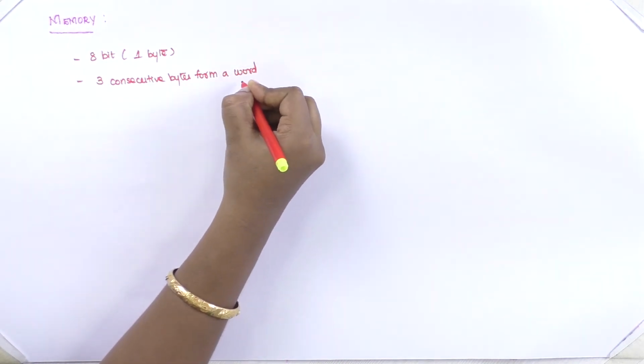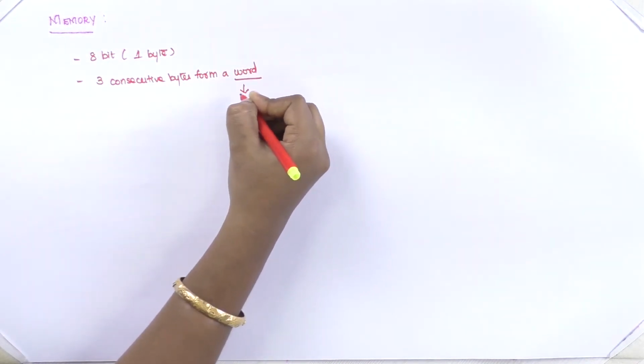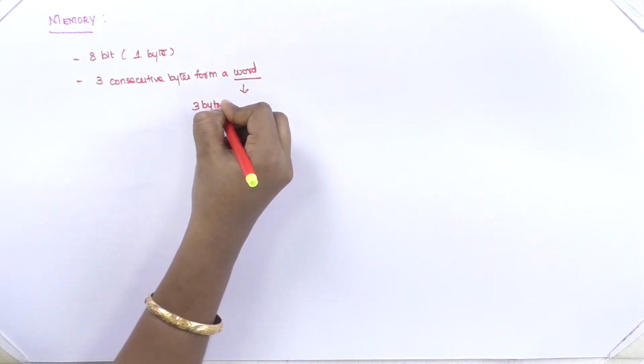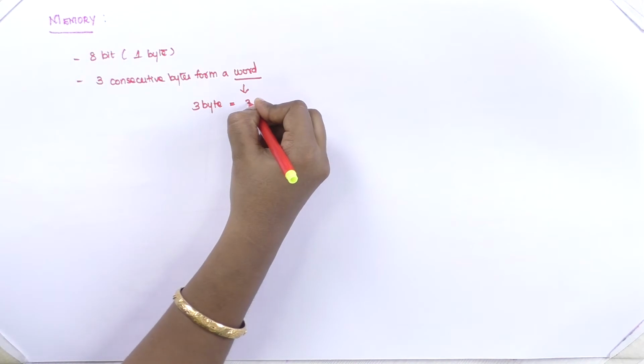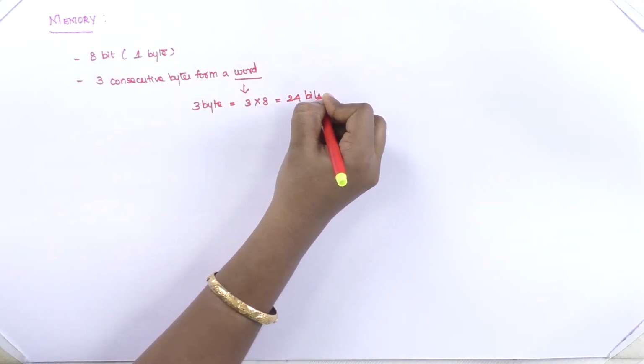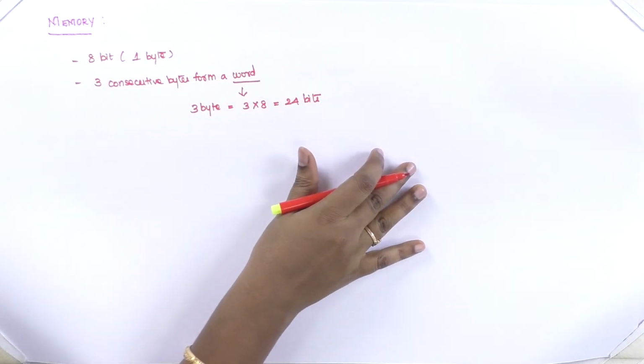So a word is equal to 3 consecutive bytes, that is 3 into 8 bits, which is equal to 24 bits. So a word in SIC is of 24 bits.